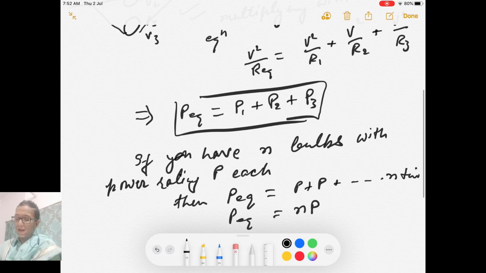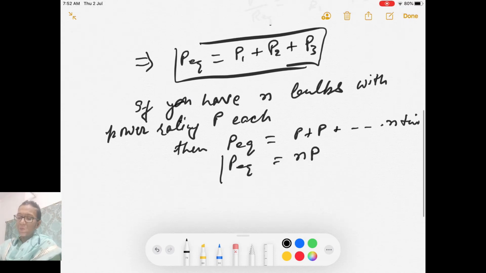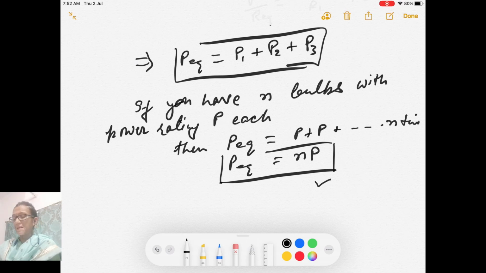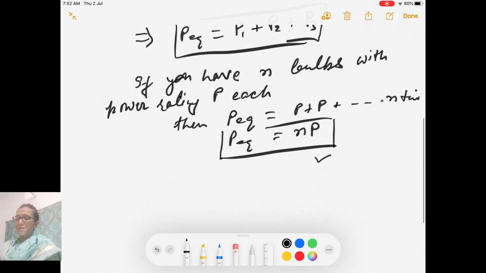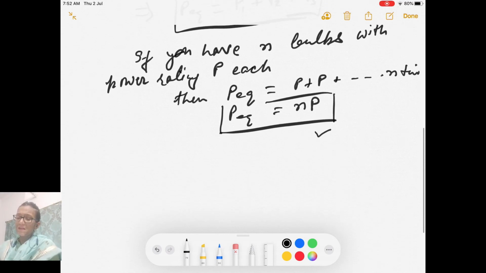So the equivalent power in a parallel combination is more than when they are connected in series. Now, what is the illuminance of one bulb?